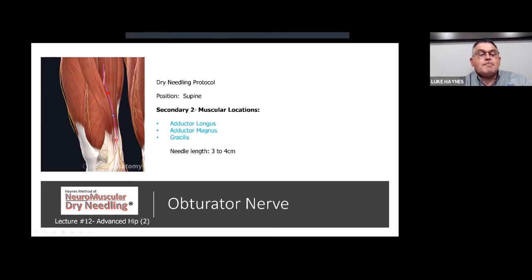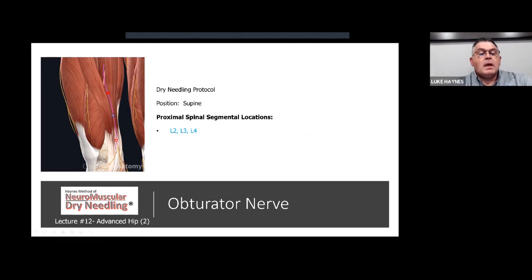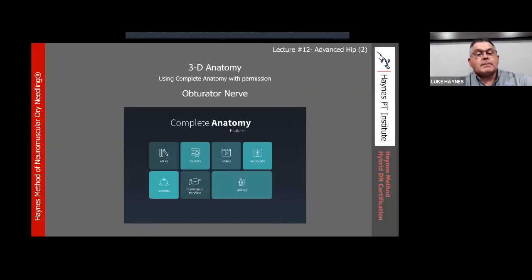Secondary, we can come in and absolutely hit the adductor longus, adductor magnus, and the gracilis, as those are the muscles that the obturator nerve provides innervation to. For those, we would look at 3 to 4 centimeters, and that would be addressed also through that adductor needling protocol we looked at. We'll look at it again momentarily. For obturator, it would be L2, L3, L4 for our spinal segments.